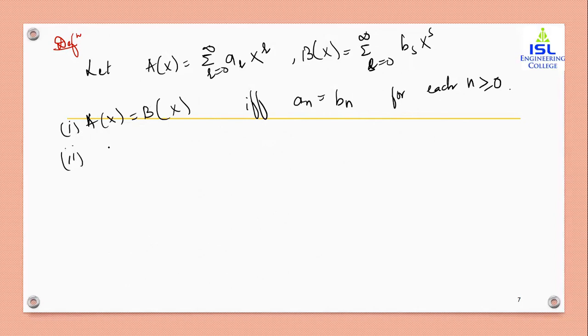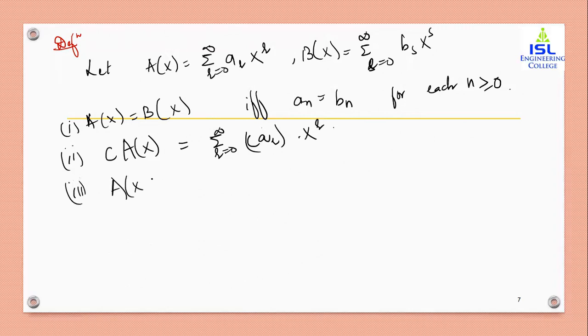Also, we can perform multiplication by some constant c into a of x, that is, we are using some constant to multiply it. Then we will multiply each number in our sequence, car into x power r, multiplication by some number. Now, if we want to perform the addition of two sequences, a of x plus b of x can be done if we have sum over n is equal to 0 to infinity of an plus bn into x power n.